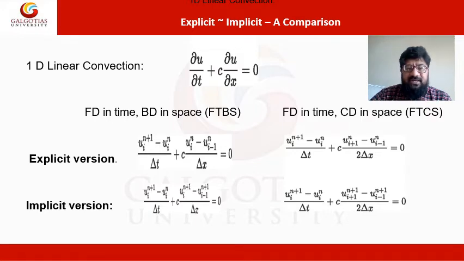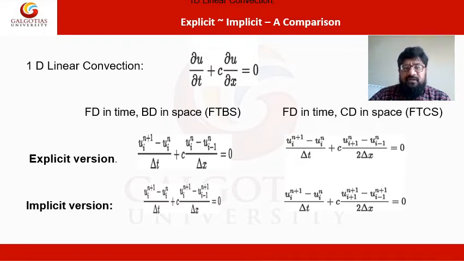So you can see that in these equations, this quantity is unknown, this quantity is unknown, and this quantity is unknown. So we will write this equation at each and every node from i equal to 0 to i equal to n minus 1, and thus result in n minus 1 algebraic equations. And we will solve those algebraic equations to get the value of u at the future time level at every node i.